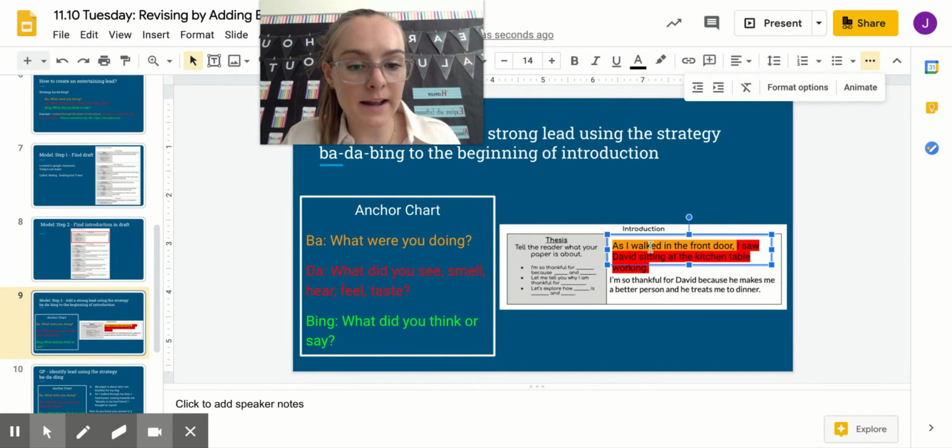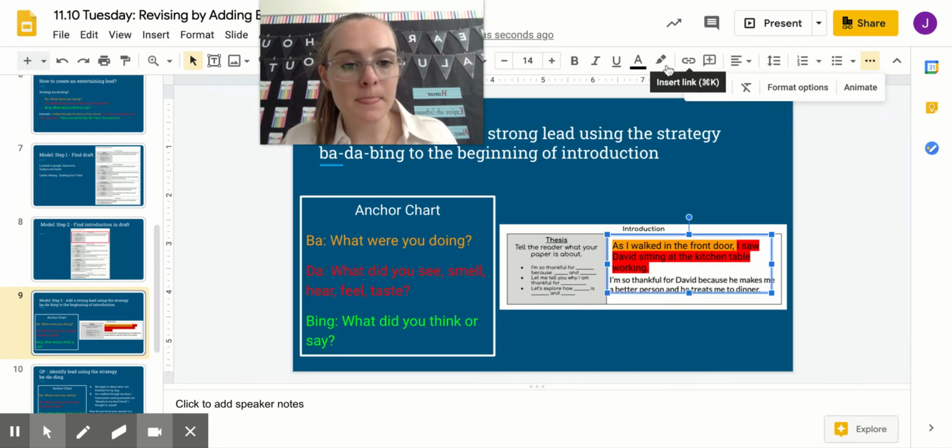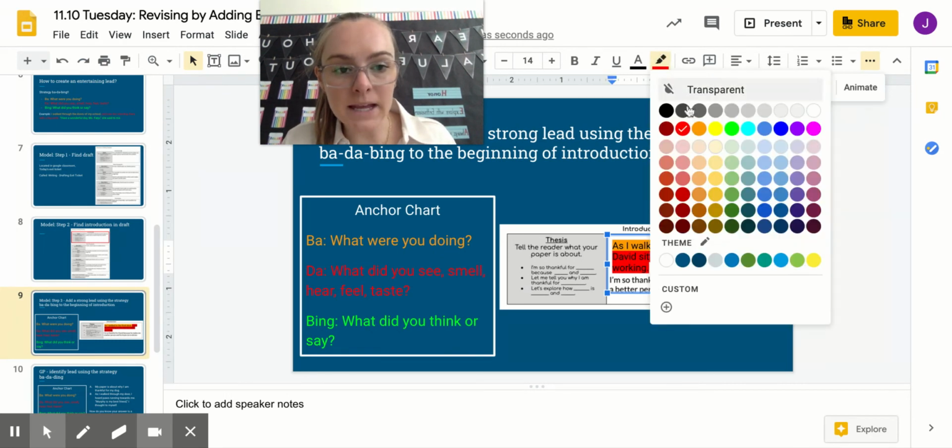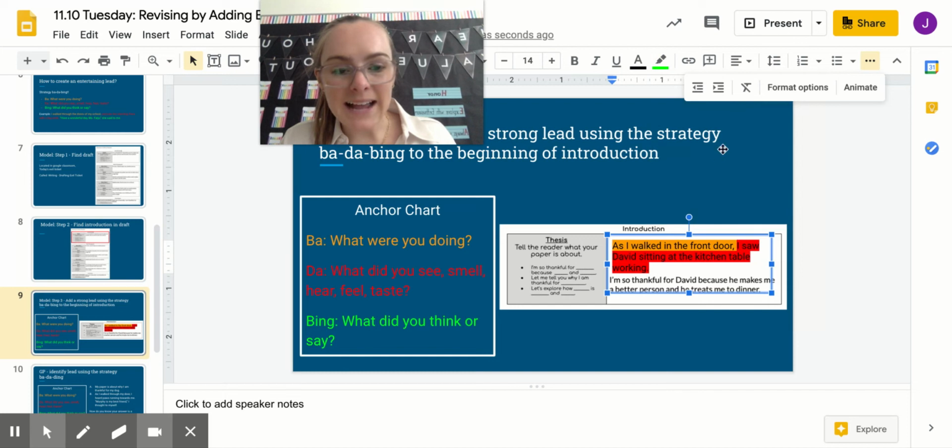So far I have 2 parts. I have the ba, what were you doing, and the da, what did you see, smell, hear, feel, or taste. I am just missing one part. I'm missing the bing. So what did I think or say? So what was I thinking or saying?